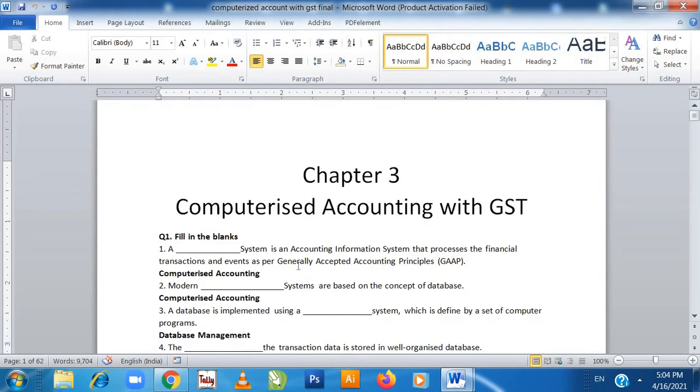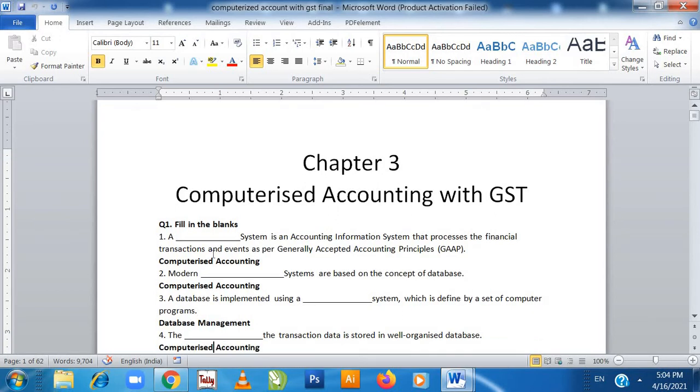We'll see the fill-ups. A dash system is an accounting information system that processes the financial transactions and events as per generally accepted accounting principles GAAP. Answer is computerized accounting. Modern dash systems are based on the concept of database. Answer is computerized accounting. A database is implemented using a dash system which is defined by a set of computer programs.